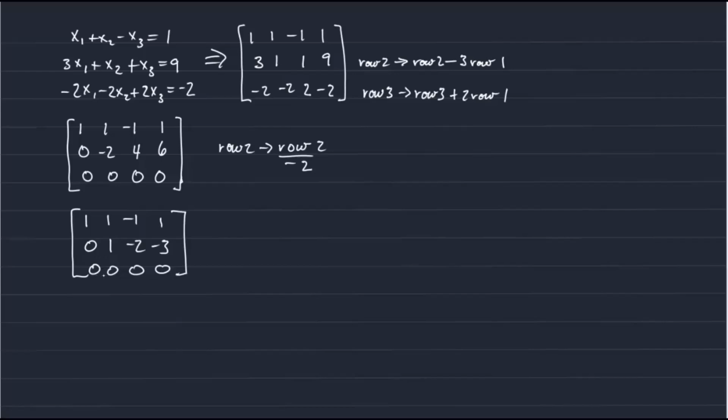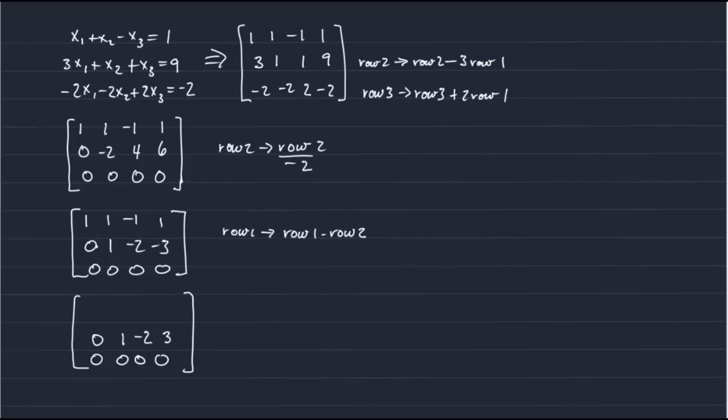And so the bottom row is complete, the second row is complete, and now we transform row 1 by subtracting from it row 2. So again, our bottom row is intact. We don't need to do anything to that, as is our second row.